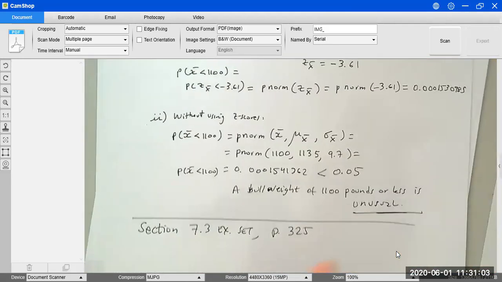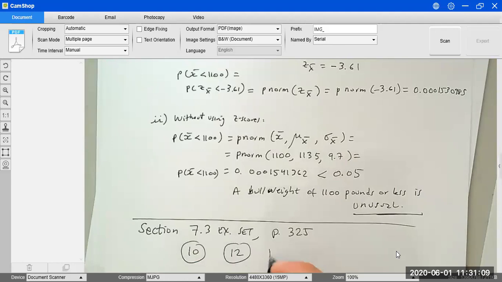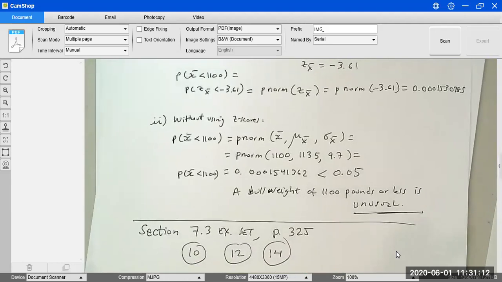You're going to work 3 problems only: 10, 12, and 14. Now remember you are working with probability of events involving samples. So let's see, page 325 is here, 10, 12, and 14.